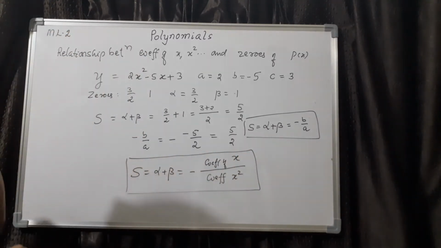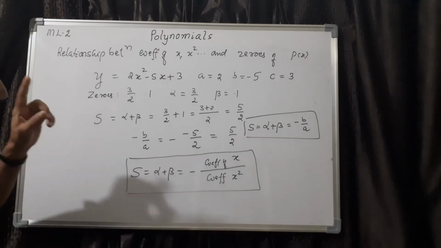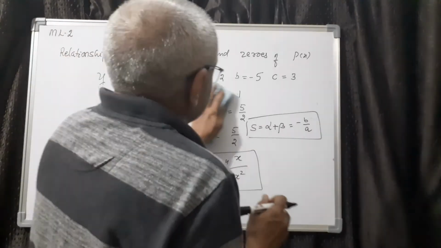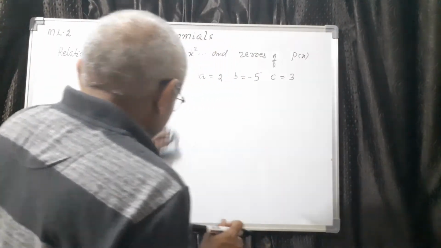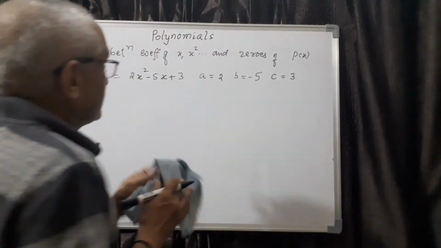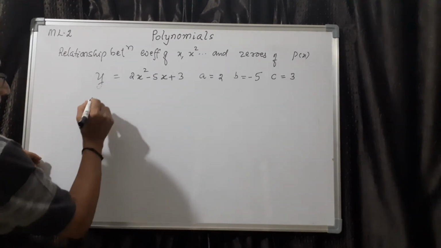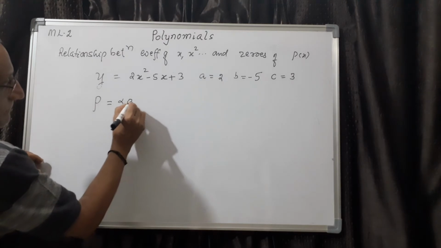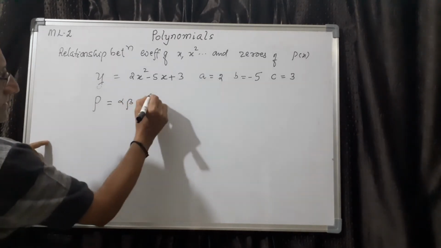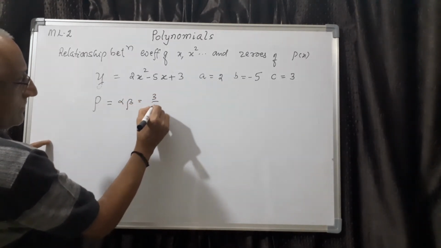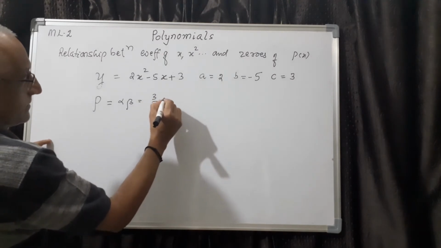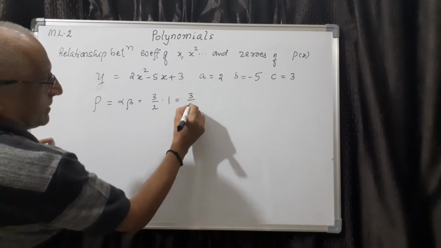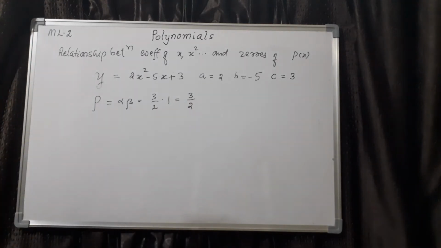Now there is one more very interesting result. We can also find what is the product. So let me take that also, then we shall take a few more examples to verify this one. Say what is the product? Let me take P, this equal to alpha beta. So in this case we have seen alpha is 3 by 2 and beta is 1. So this is 3 by 2.